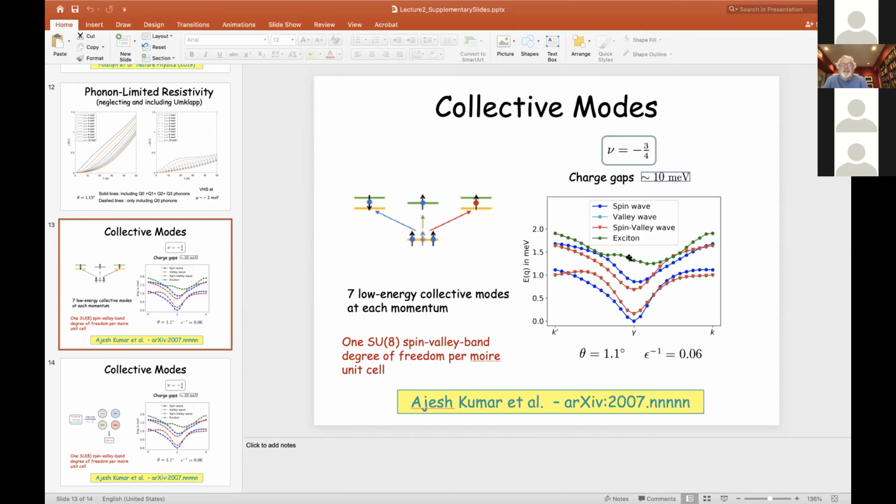You can think of it as a bound state of interband excitation, although it's probably not the right way to think of it. Those are present even when no flavor symmetries are broken. In our calculations, they're present even in the metallic states.